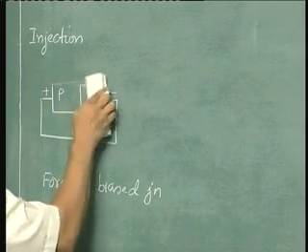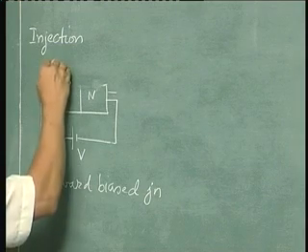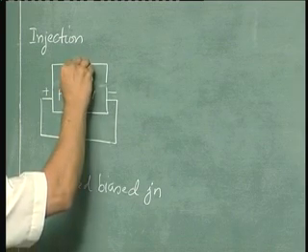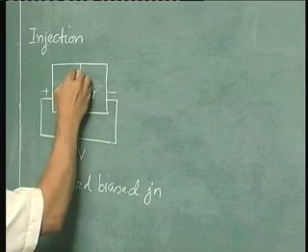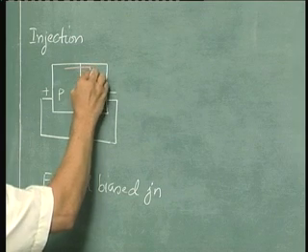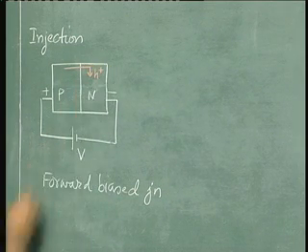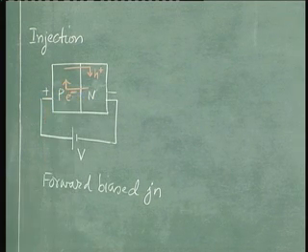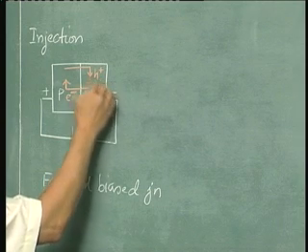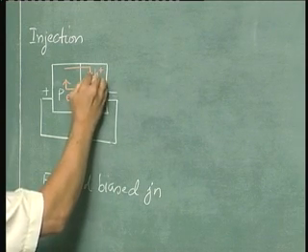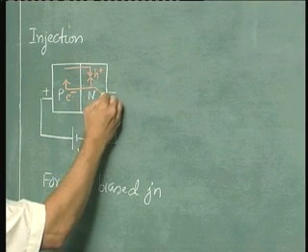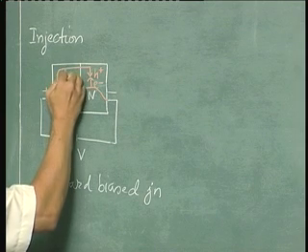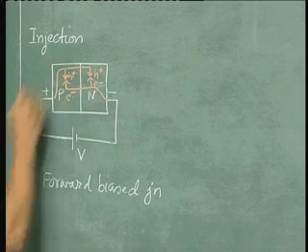If we slightly make the diagram bigger to show this, the p region is injecting holes and the n region is injecting electrons in this region, and of course the holes which are injected are recombining with electrons which are injected from this terminal, and these electrons are recombining with holes which are injected here, so that as a whole the sample is charge neutral.